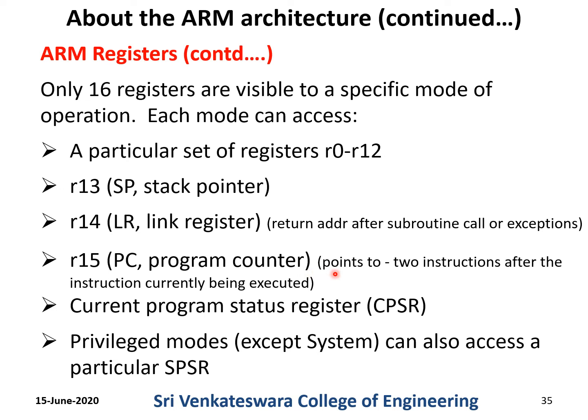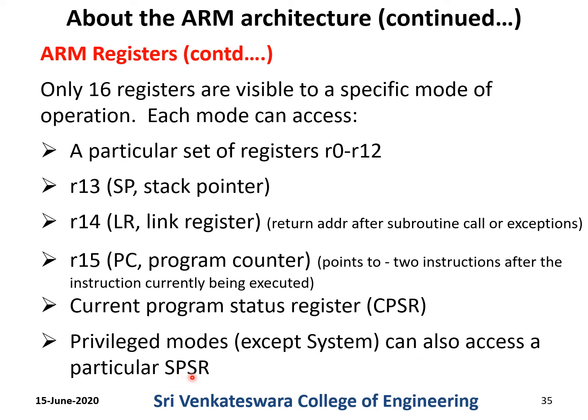Here we are talking about the ARM7 architecture, which has a 3-stage pipeline. So this program counter points to the instruction which is 2 instructions after the current instruction being executed. The CPSR register, the current program status register, is nothing but a flag register as found in conventional processors. The privileged modes, except the system mode, can also access a particular SPSR register.